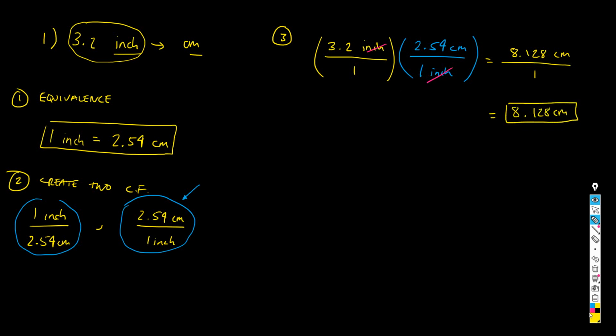So that's my conclusion, guys. My conclusion is 3.2 inches is equal to 8.128 centimeters. This is my result. And this is how it's done. The whole thing is broken down in 3 steps. And I'm going to do it once again. I'm going to give you several examples.